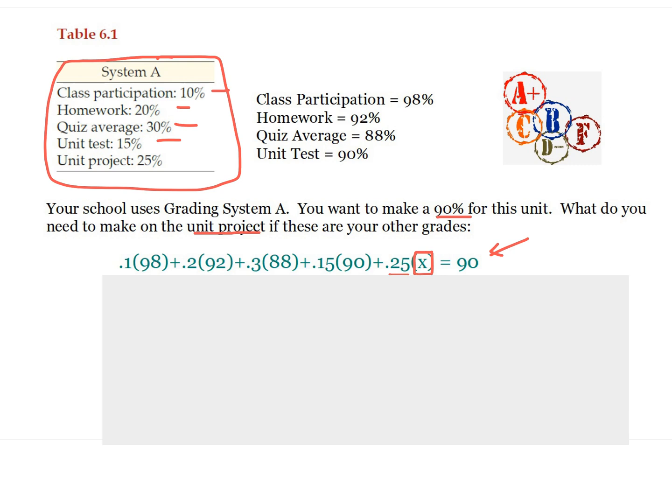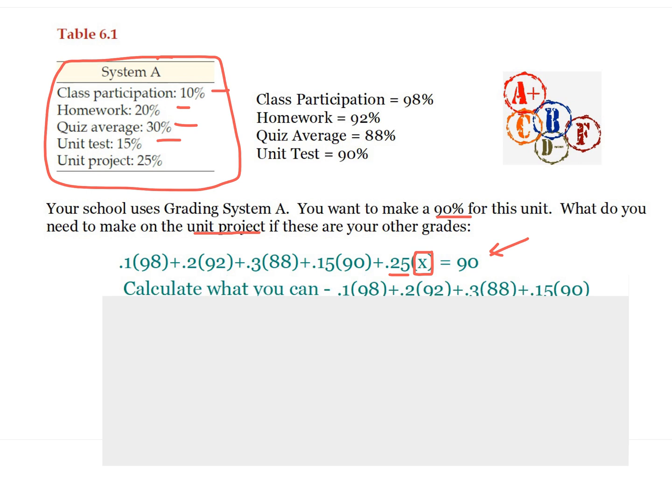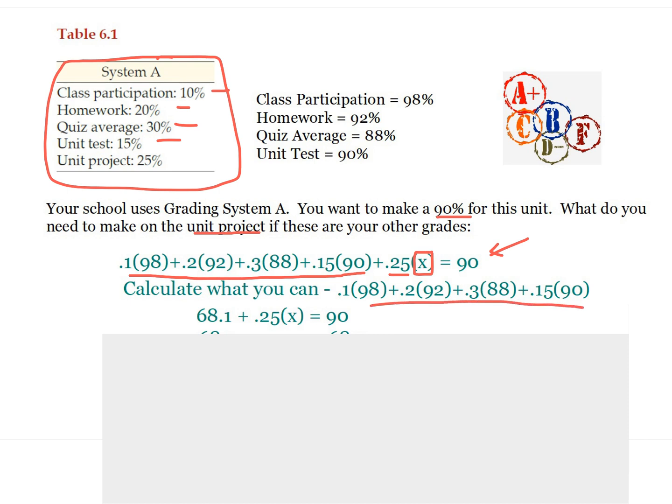Okay, so what you're going to do from here is you want to go ahead and calculate what you can. So what we can calculate is this part right here. We can go ahead and multiply all of that out, and so when we do, we get 68.1. So all of this came out to be 68.1. So we're going to go ahead and insert that.